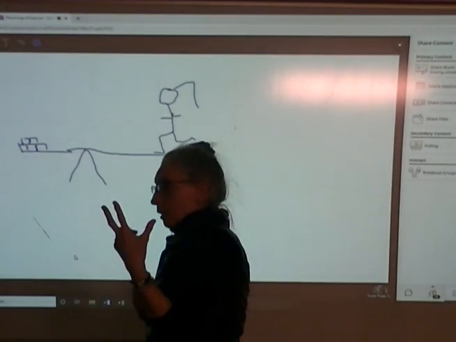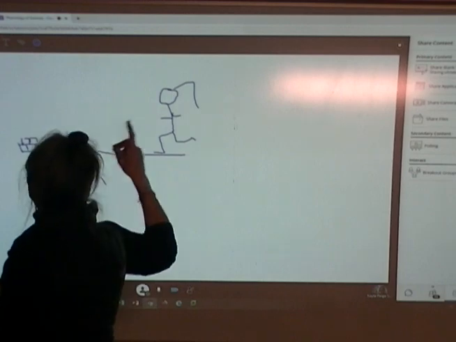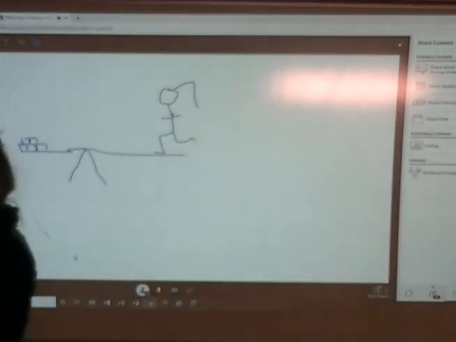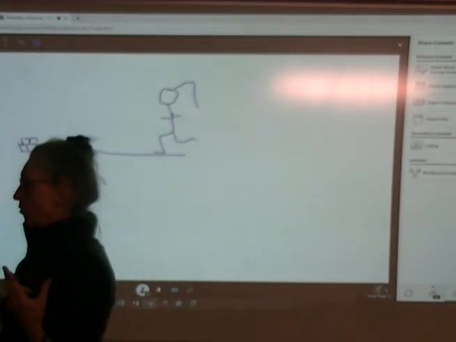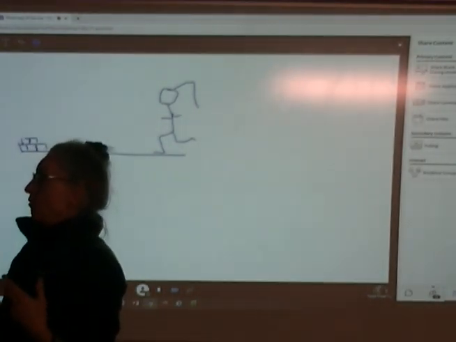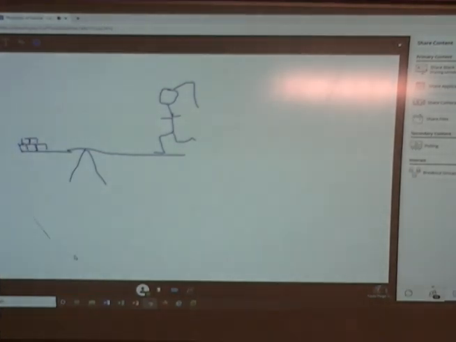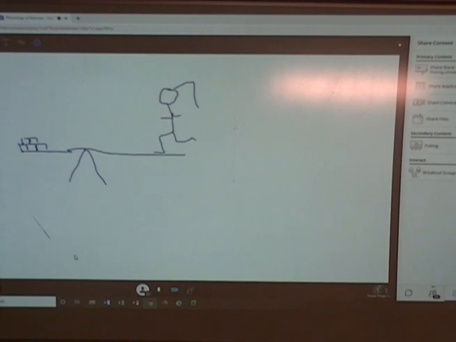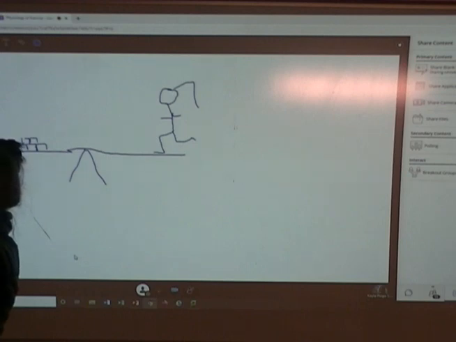The third element of the energy expenditure side of the seesaw is called TEM, the thermic effect of a meal. If you pay attention the next time you have a big meal, maybe Easter, we're past Christmas and Thanksgiving now, you feel a little bit chilly when you sit down to eat, so you turn the heat up in the house.